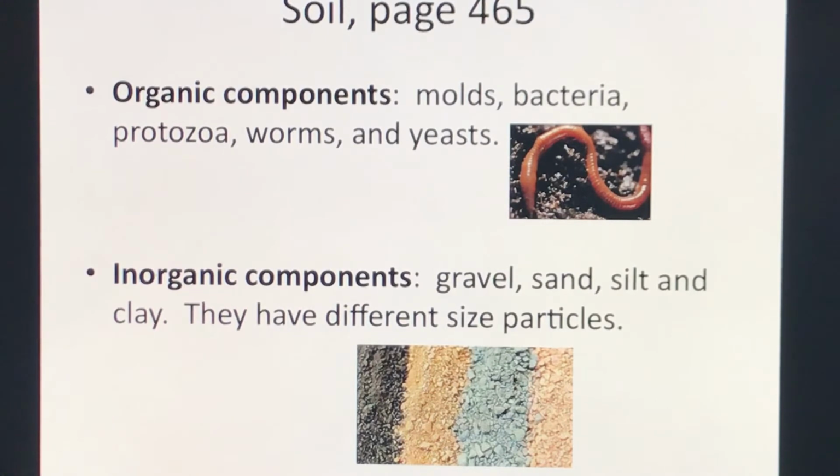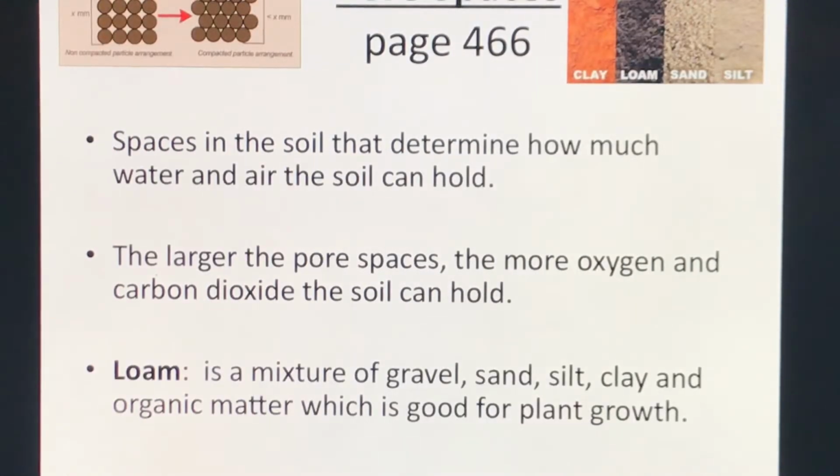And it's interesting because they have different size particles. So this is important to a plant, these different size particles, because of what's called the pore spaces that they create. The pore spaces are the spaces in the soil that determine how much water and air the soil can hold.